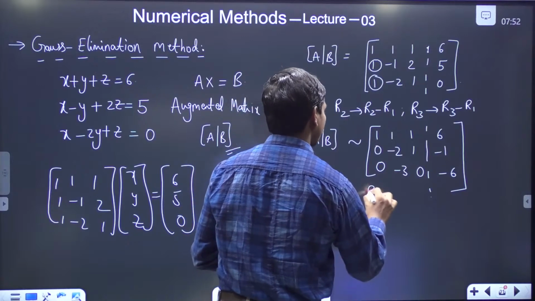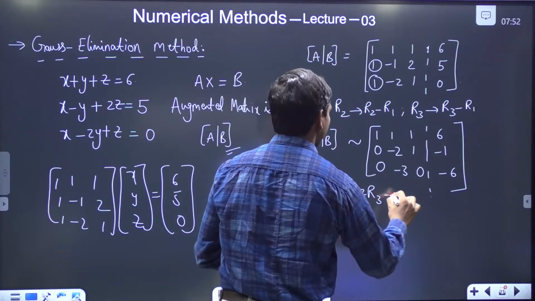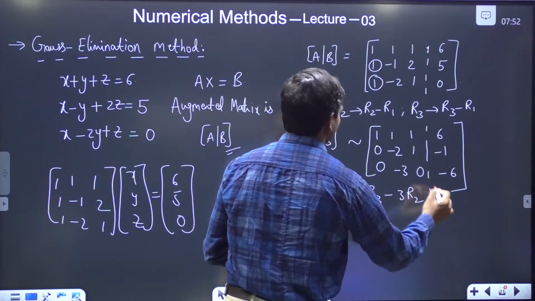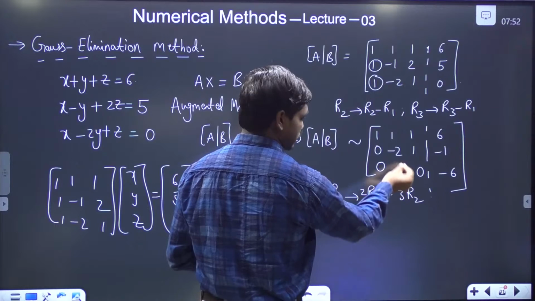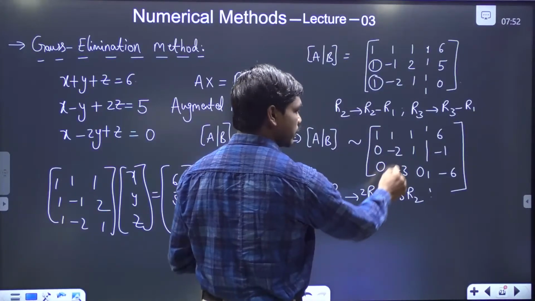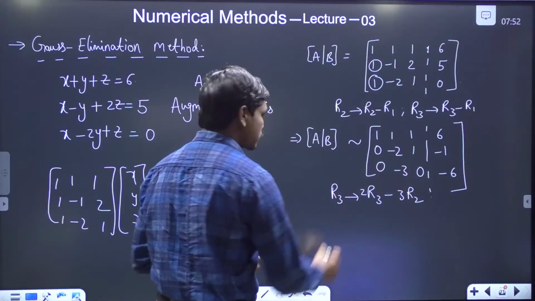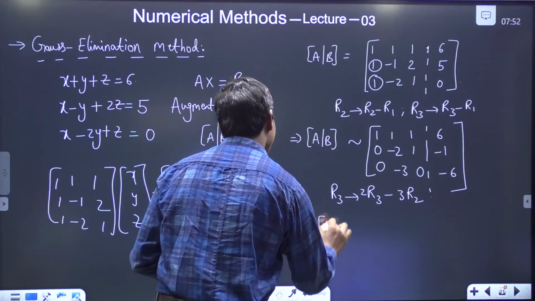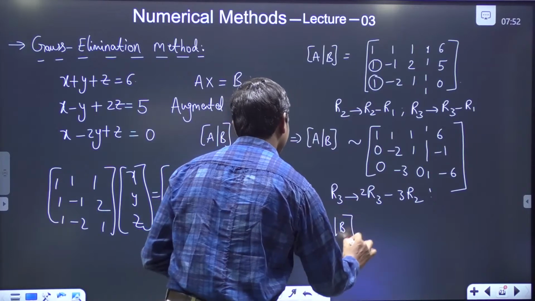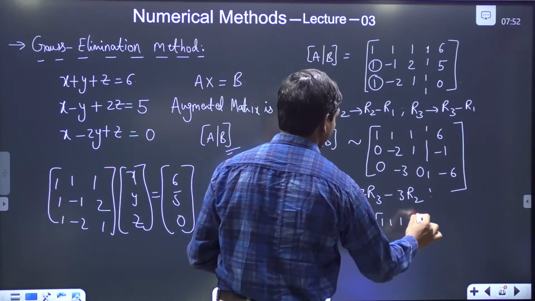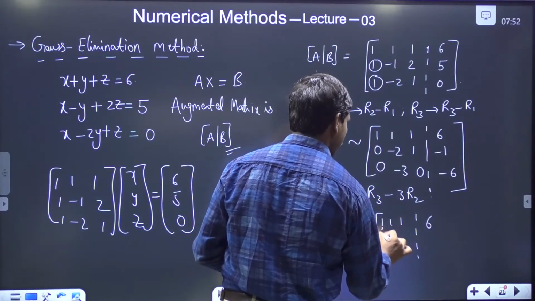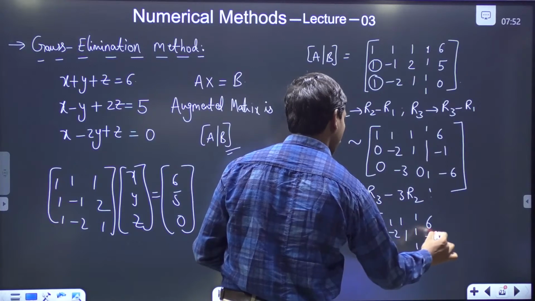R3 changes to 2R3 minus 3R2. So if you perform this transformation, then this element here will be 0, correct? So then this implies A augmented B is same as, first two rows don't change, 1 1 1 6, 0 minus 2 1 minus 1.